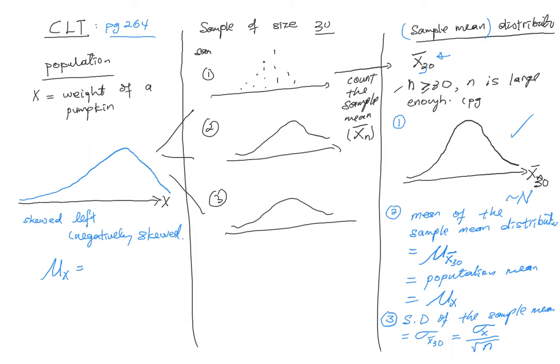If the sample size is large enough, then the distribution will be normally distributed with the mean equal to the population mean and the standard deviation equal to the population standard deviation divided by the square root of n. So now I ask you, if I increase the n, what will happen to the standard deviation?